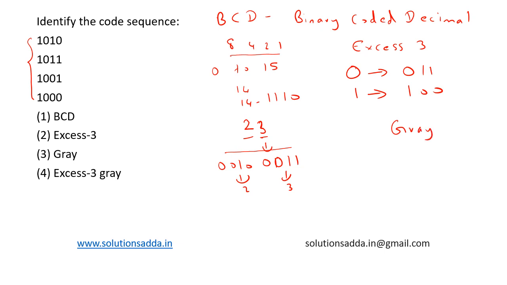Third one is gray code. Gray code is a binary numeral system where two consecutive numbers differ by only 1 bit. This property is useful in reducing errors in mechanical systems. How do we convert a binary number to gray code?